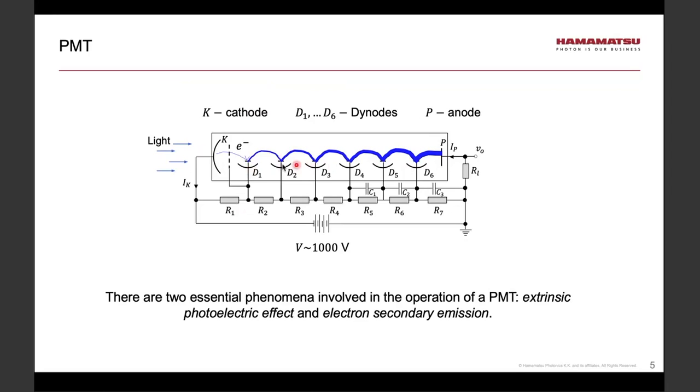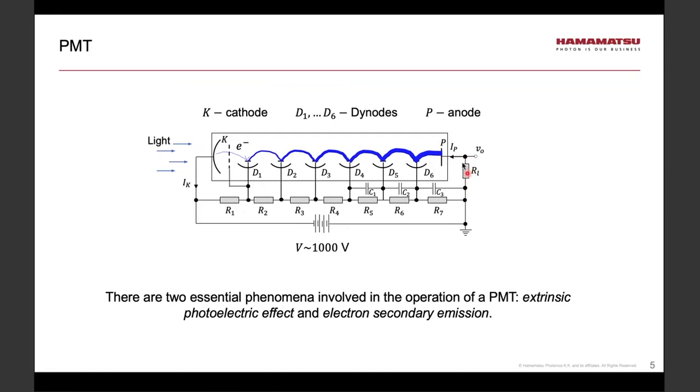Thus, a single electron can turn into thousands, in fact, a million or so electrons by the time they reach the anode. The anode collects these electrons, and the electrons then flow out from the PMT to the outside world. In this depiction, we have a load resistor connected effectively to the ground.